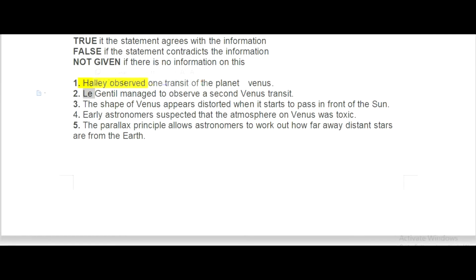The next question, Legentil, is our keyword because we love proper nouns. It is the name of a person. Let's see anything else. Something observed. Second, transit.